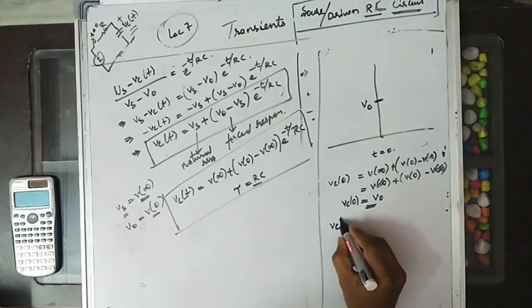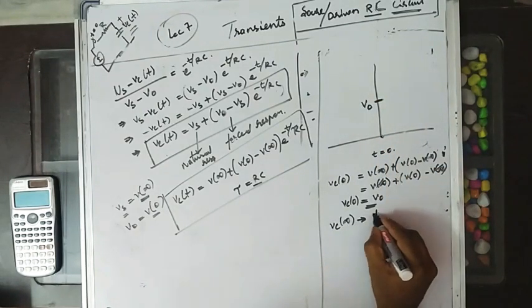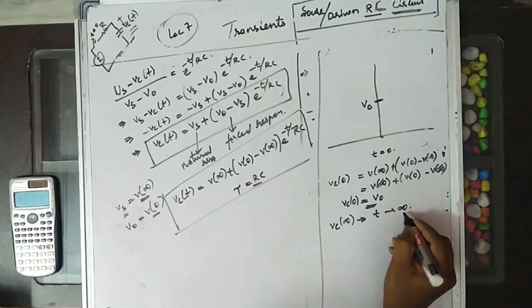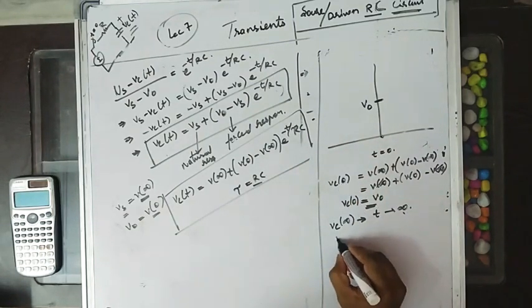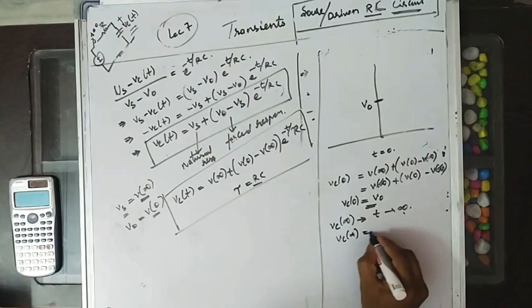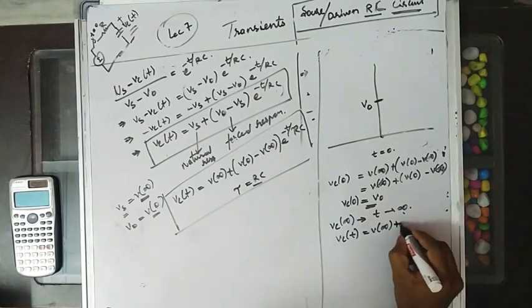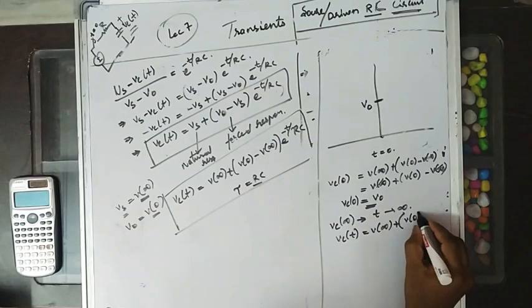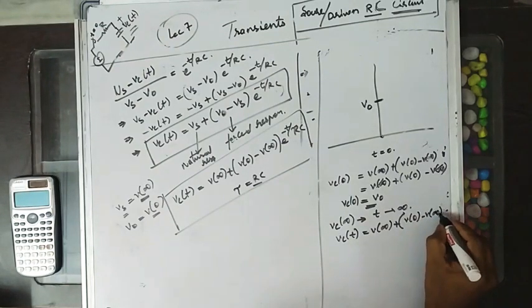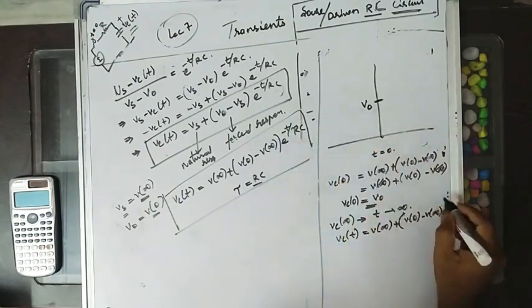Now for Vc of infinity, at time tending to infinity, substitute t here. Then Vc of infinity equals V of infinity plus (V of 0 minus V of infinity) e power minus infinity, which is 0.